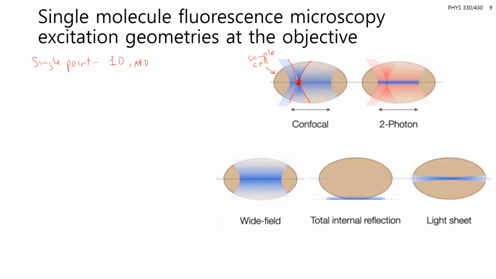So for single molecule detection, people typically can use a confocal setup, or a more specialized setup would be two photons, where you would use a fluorophore with two photon detection. Fluorophores have to get to the excited state, they have to absorb two photons.